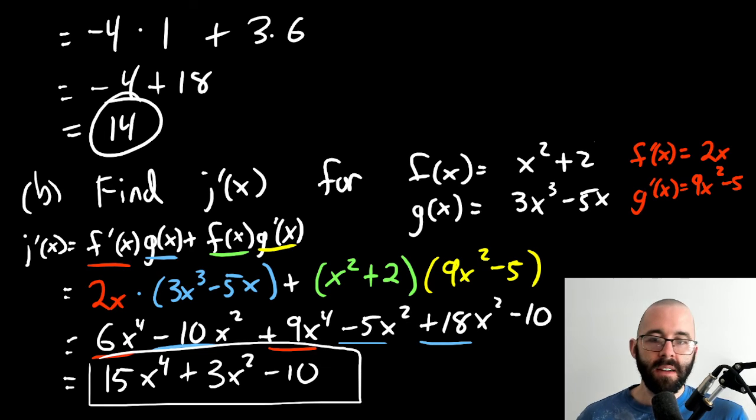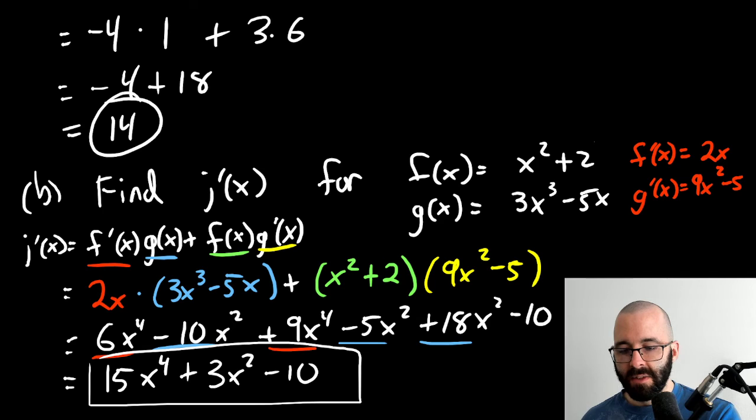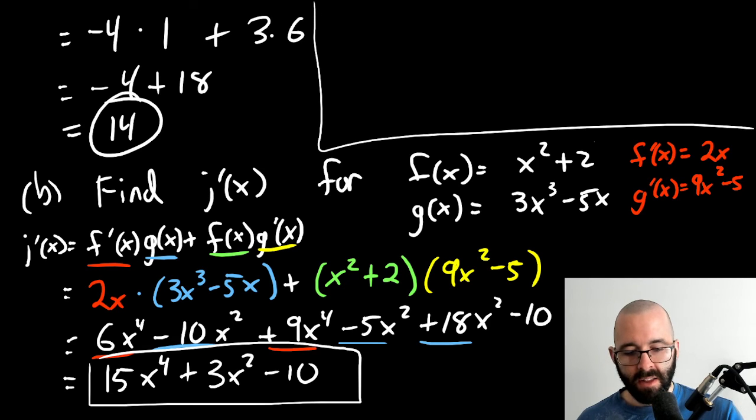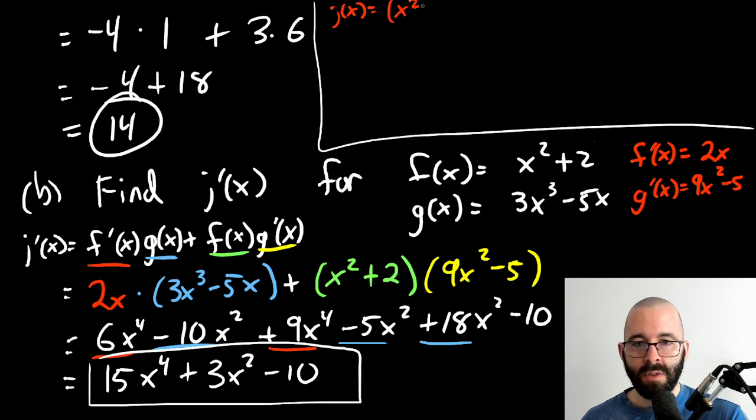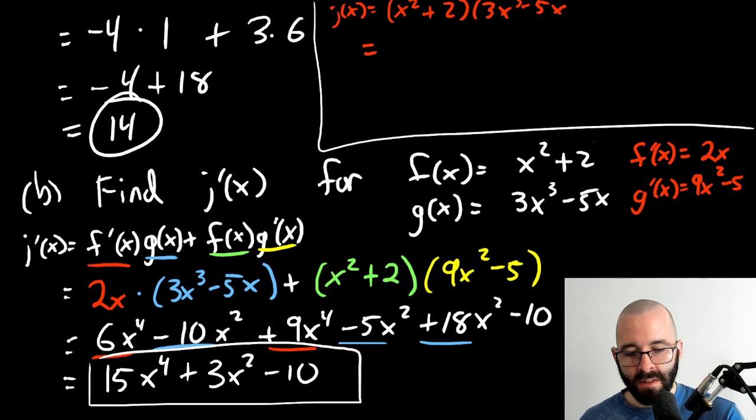Now, of course, there's a way to do this without using the product rule at all, right? We could just find j of x if we wanted to. Like, there's another way of doing this problem, and we should get the same answer. j of x is f times g, so it's x squared plus 2 times 3x cubed minus 5x. We can just find what j of x is.